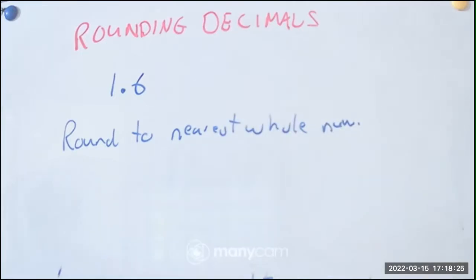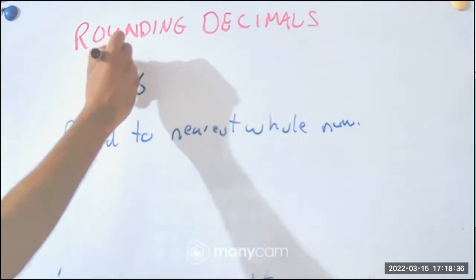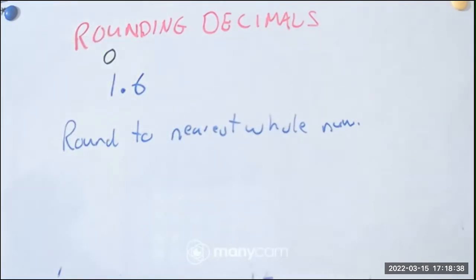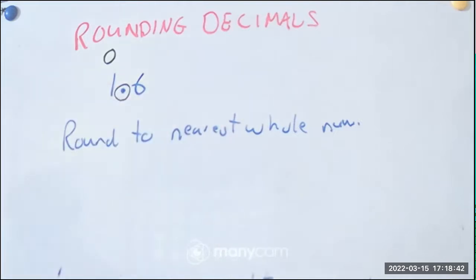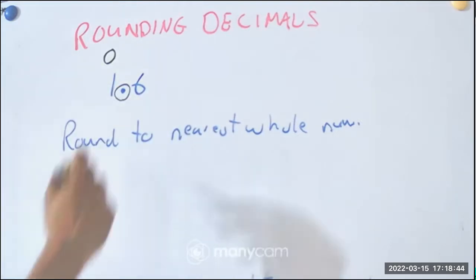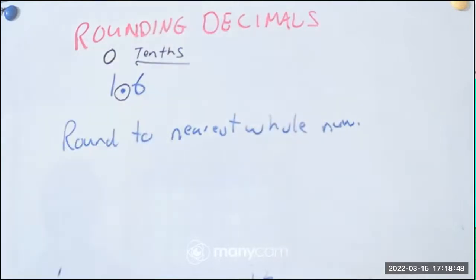Well, the concept is pretty much the same as for whole numbers. This is the ones column, which we're familiar with. We have the decimal point here, and after the decimal point we have the tenths, which as a fraction would be 6/10.